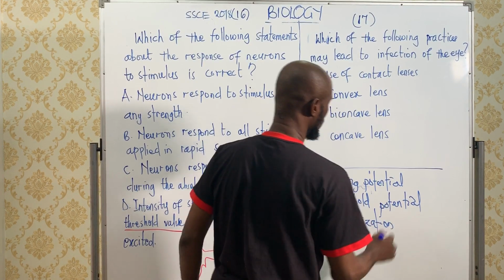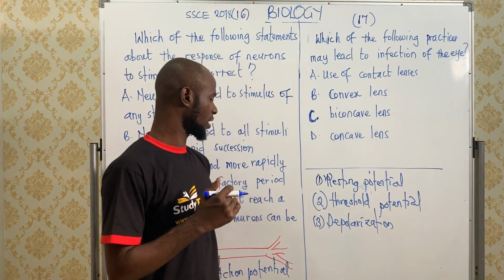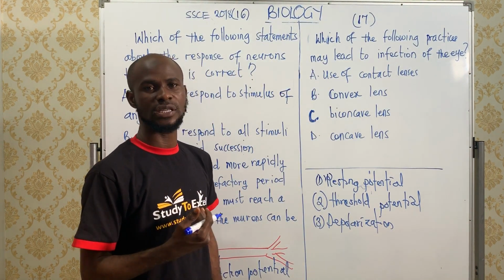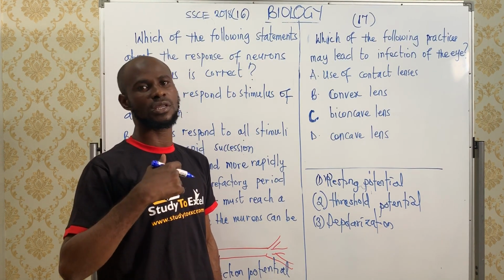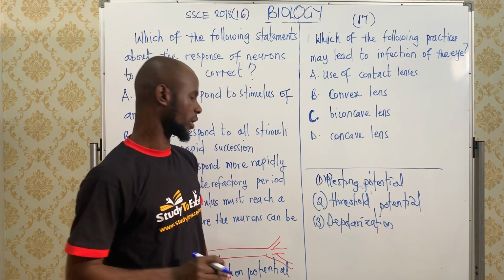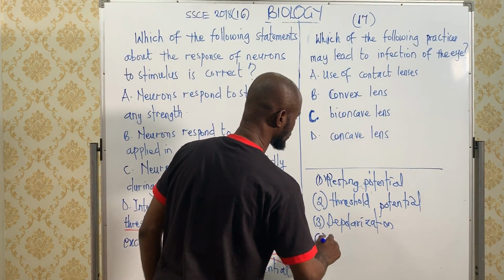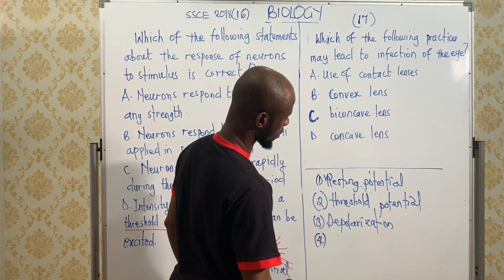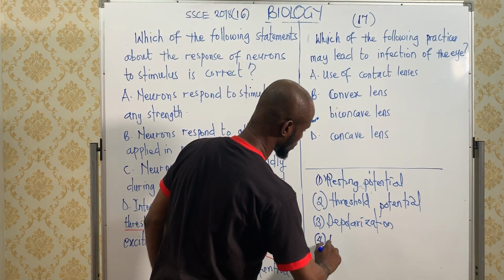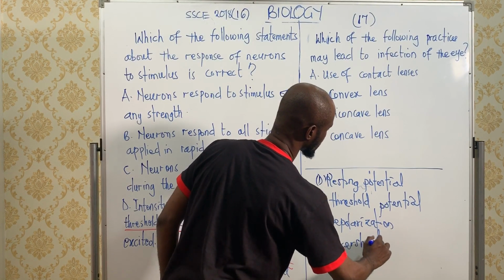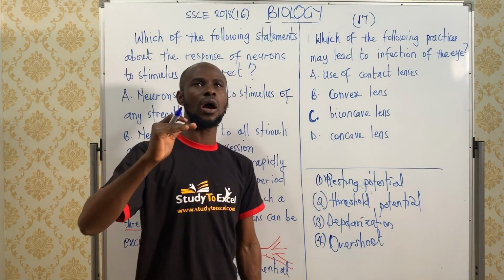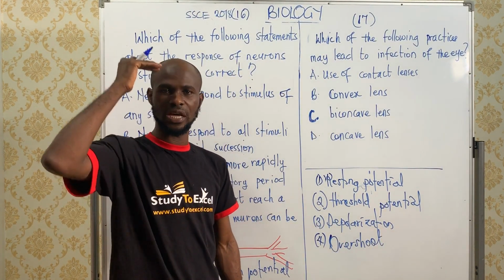That is when the positive ions, sodium ions, have moved into the cell, and the cells start to perform work. After that it goes to the overshoot, and the overshoot is that level where that particular action potential has reached the highest stage.